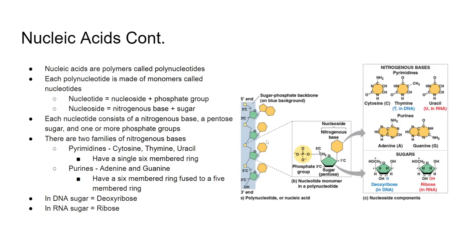So, if we were to look at the structure of, for example, DNA, if we look at the 3 prime end of this sugar, this 3 prime end has an OH, and we have this O at the bottom of the phosphate group. Essentially what's going to happen is this hydroxyl group and this oxygen are going to create H2O, and that's going to be removed to create this linkage between this pentose sugar and this phosphate group.